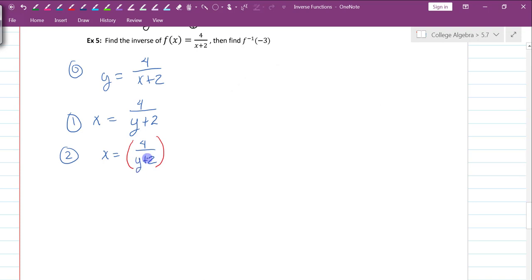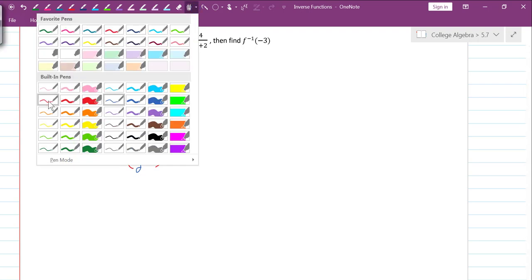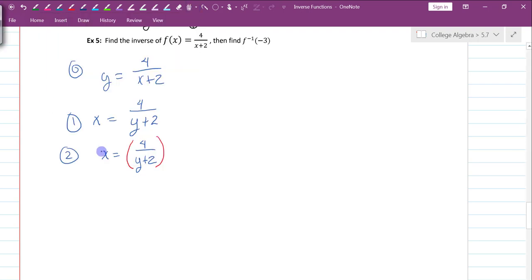So I need to get that y out of the denominator. So what I'm going to do is I'm going to multiply both sides through by y plus 2, because what I do to one side, I must do to the other side. And then you're going to notice that on this side, it factors away. Okay? It reduces right on out.